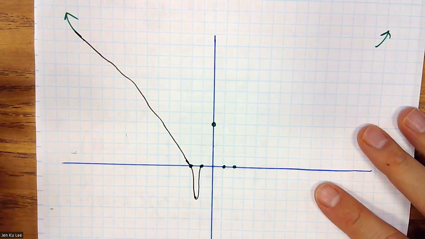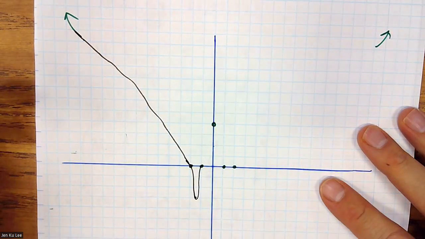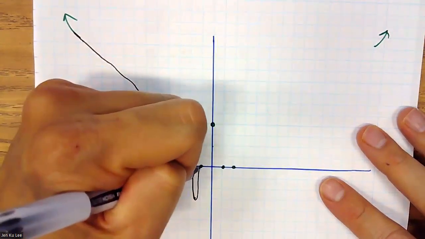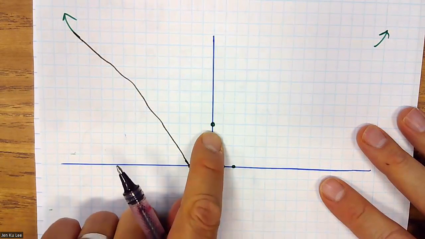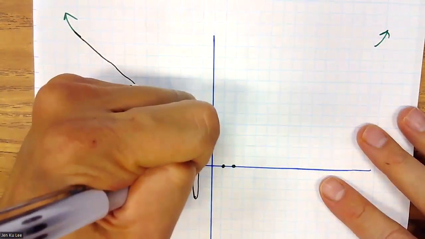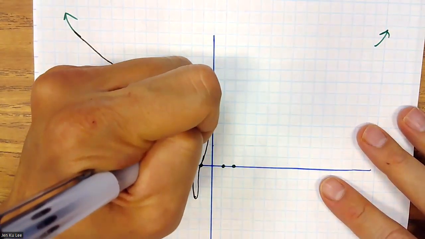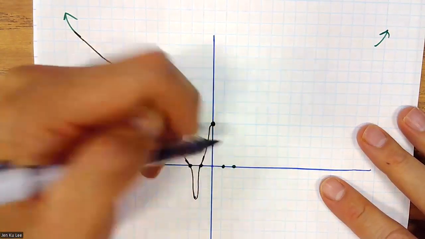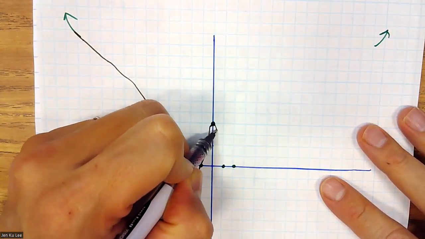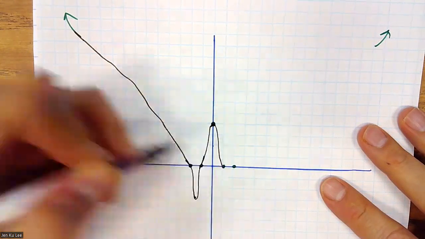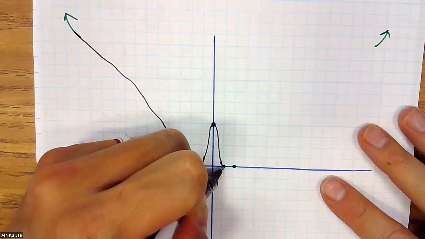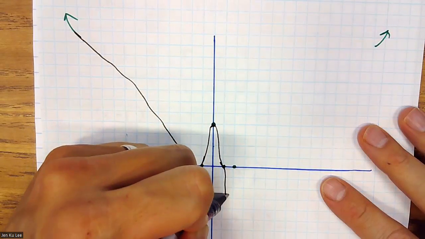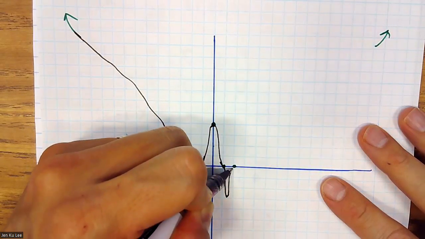Again, the multiplicity is odd or 1. So it's going to go through. And then my next point from left to right, I'm going to hit that y-intercept. I'm going to hit the y-intercept, but I know I have to come back down and hit this 0. So it's going to come down and hit that 0. Multiplicity is 1 again. So it's going to go through. And I'm going to have to come back up and hit this 0.